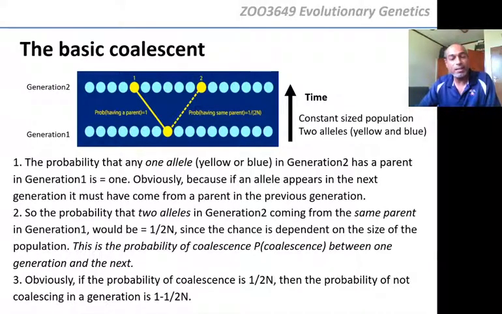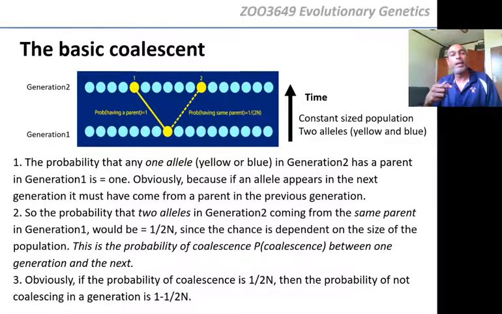So obviously, if the probability of two individuals coalescing in the previous generation is 1 over 2n, then what is the probability of not coalescing in the previous generation? Obvious, right? It's 1 minus 1 over 2n. That's the probability of not coalescing. It's also dependent, of course, on the population size.